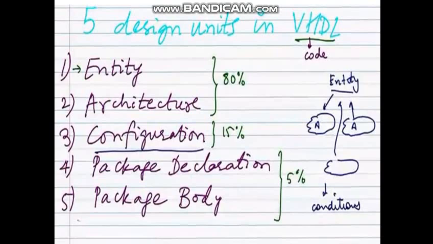Now what is meant by configuration? For example, if two guys, Ram and Sham, go computer shopping and buy laptops, the price of the first laptop is 25,000 and the price of the second laptop is 50,000.